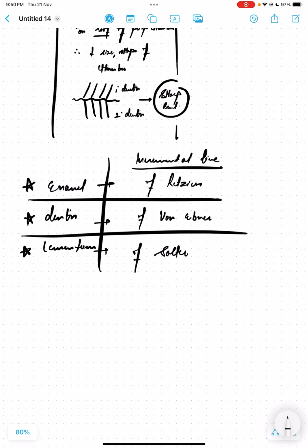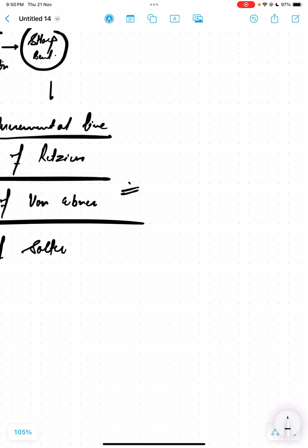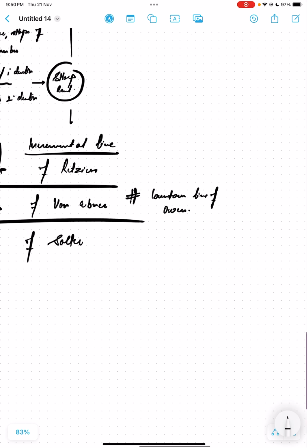What are the incremental lines of von Ebner? Basically, it involves the daily, rhythmic, recurrent deposition of dentinal matrix. Okay, and when there is increased prominence of the incremental line, then it is called the contour line of Owen. So what is the incremental line of von Ebner?